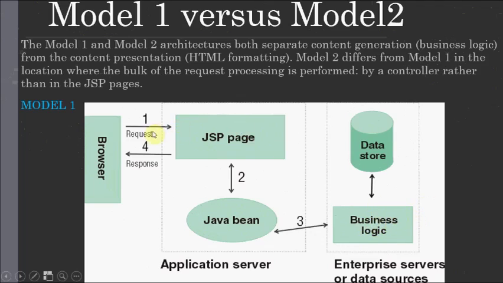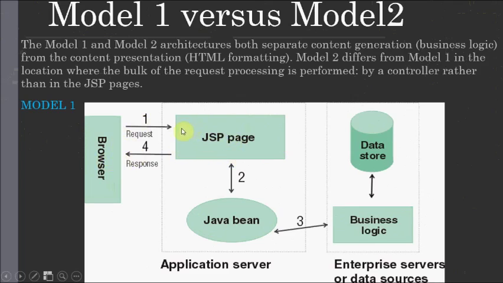After accessing the data, the Java bean transfers those results to the JSP page, and the JSP page forwards the overall final result to the browser.